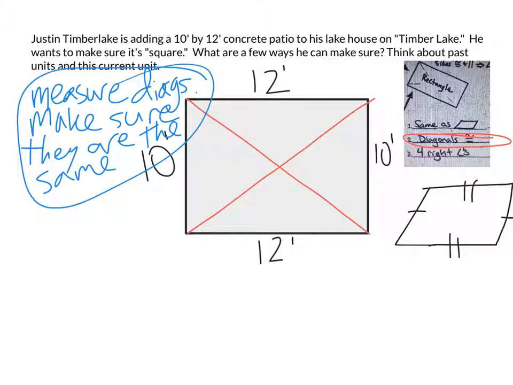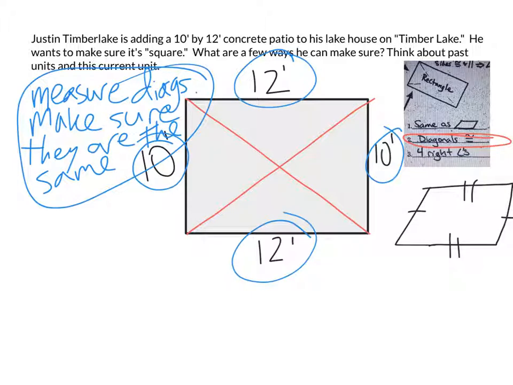But we also have to have those opposite sides congruent in conjunction with the congruent diagonals. Otherwise, keep in mind our properties of an isosceles trapezoid. What do I know about an isosceles trapezoid? My diagonals are congruent. That is the exact same thing that I just used for the rectangle.